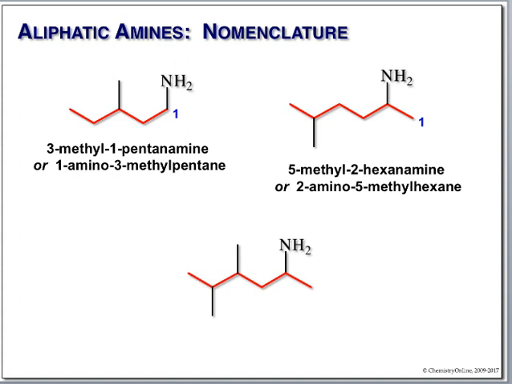If we let this be carbon 1, our sequence would be 2, 3, 5. 2, 3 beats out 2, 4. So this is carbon 1. There it goes. So it's a hexanamine with methyl groups at carbons 2 and 3.